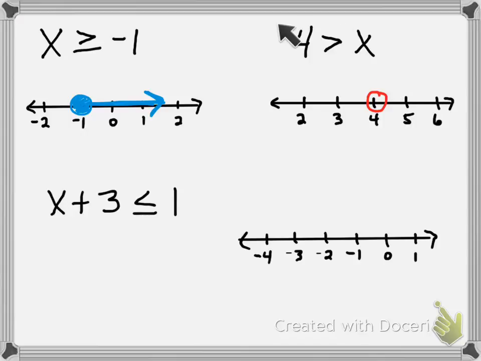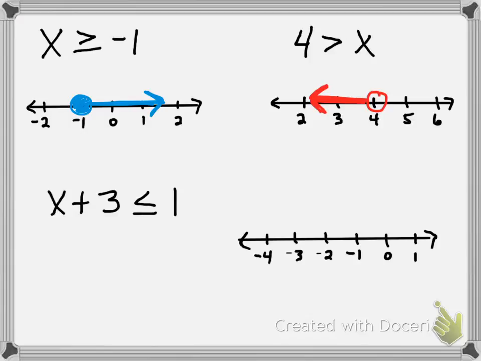Well, I might if the x was the one that was greater than, but this time the 4 is greater than, which means x is less than 4, right? Okay, think of a solution that would work for this. 4 is greater than 0. So I have to draw my arrow toward where the 0 would be, which would be in that direction. So that's my graph for that one.